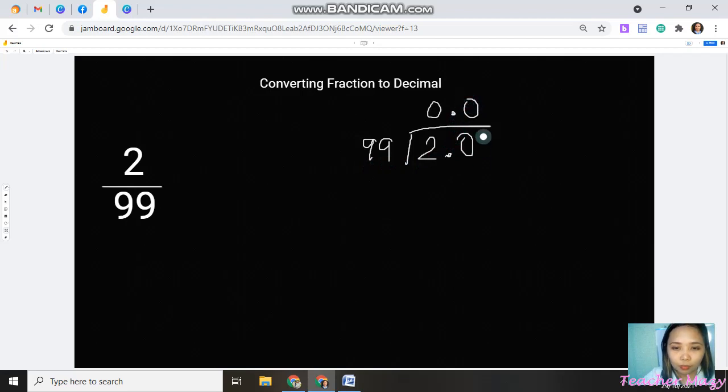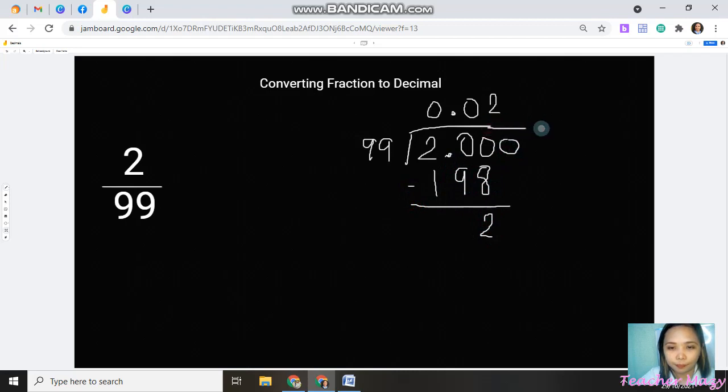So 0, 0. Now we have 200. 200 divided by 99 is 2, and that is 198. So 200 minus 198 is 2. Let's add another 0, so 20.